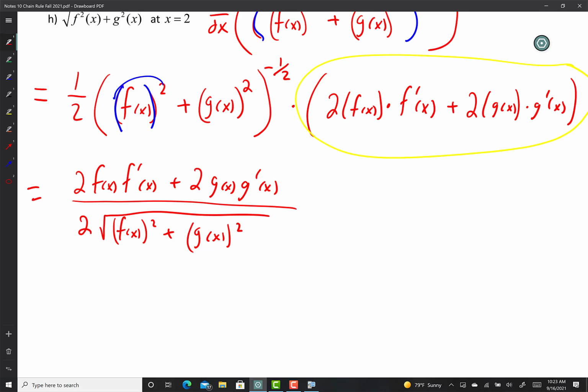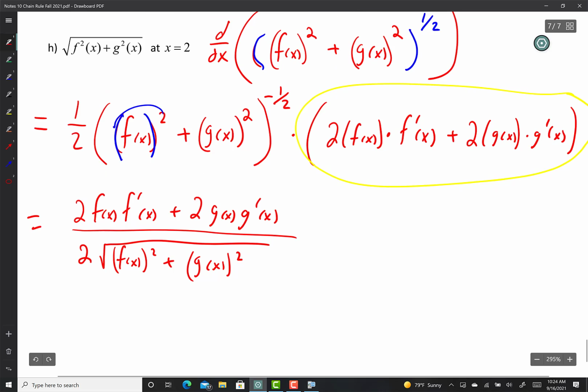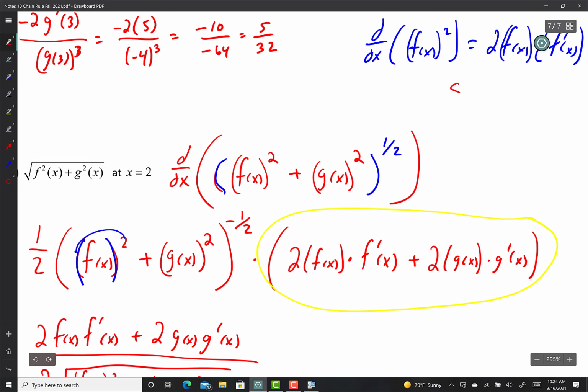I have a negative 1/2. That negative 1/2, when you bring it down, turns to a positive 1/2, and then a half means square root. Side note: x to the negative 1/2 means 1 over x to the half, and x to the half means 1 over square root of x.